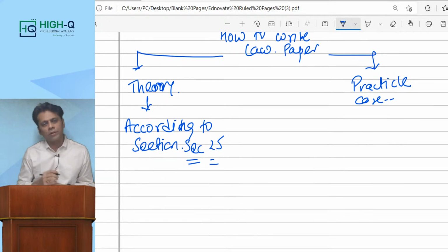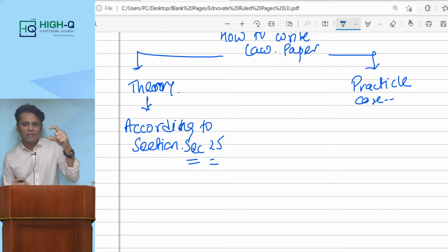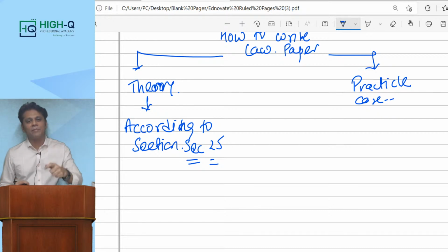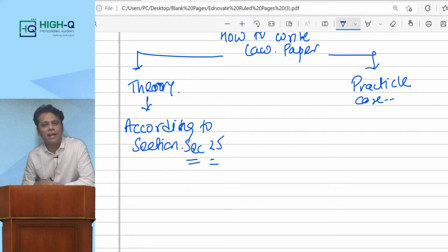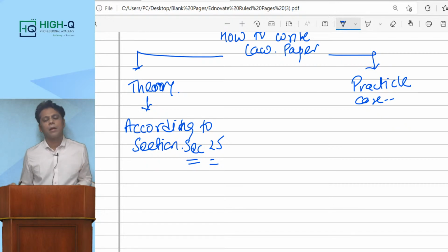You will start with the section number. According to section 25 of the Indian Contract Act 1872, an agreement without consideration is void. This is your starting para, and this will hit them: yes, this person has actually read the provision. He knows the provision. Okay, you will start with this, right?